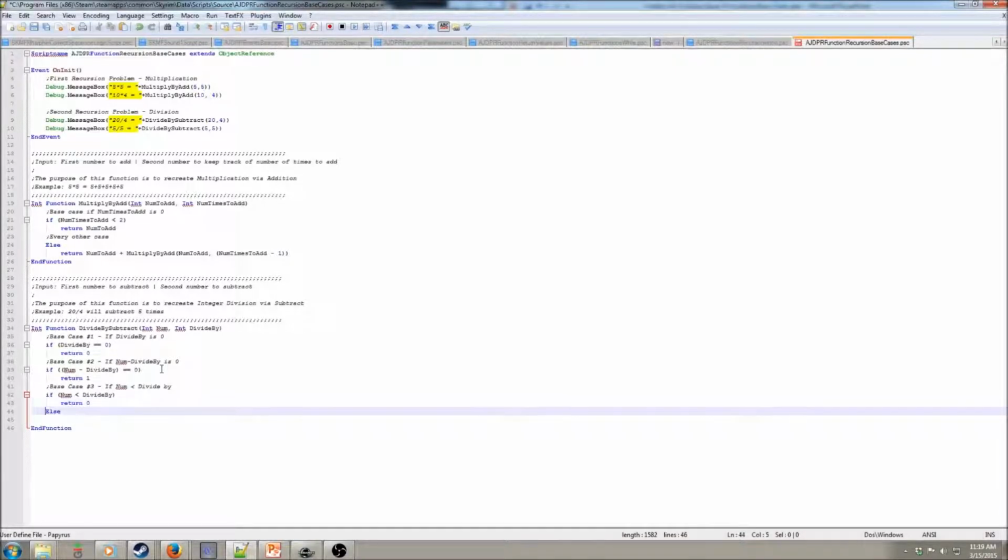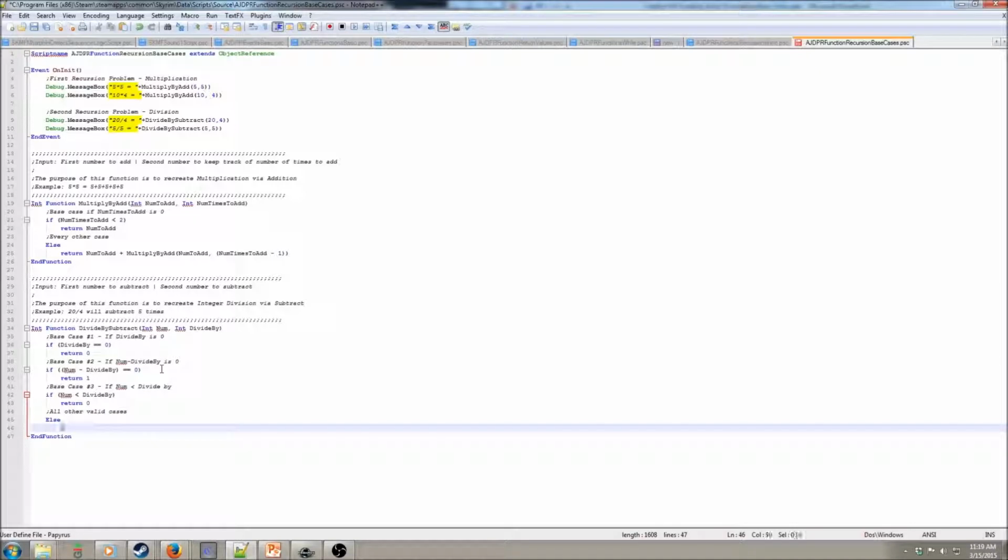Else, other valid cases. Return 1 plus the next call to divide by, which is going to be, we're going to have 2 parentheses here, num minus divide by, then divide by.